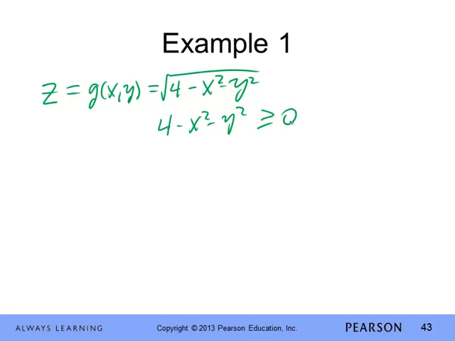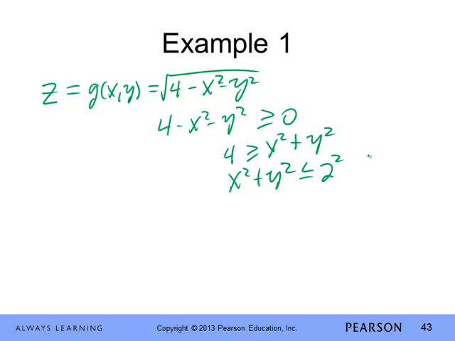Because after all, we can take the square root of 0, and we can take the square root of any positive number. We just cannot take the square root of any negative number. So if 4 minus x squared minus y squared is greater than or equal to 0, that means that 4 is greater than or equal to x squared plus y squared. In other words, x squared plus y squared is less than or equal to 2 squared.